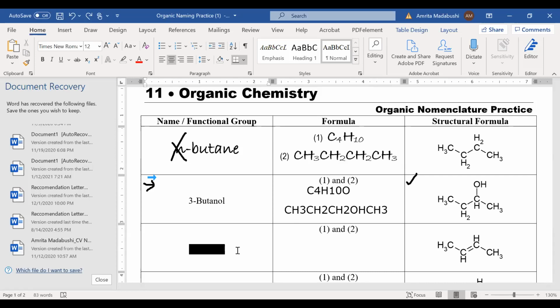Okay, good. Is it a butene? That I agree with. Yes, it's a double bond and there's a 4 in there. You can say butene, and if you were really up to it, you could say 2-butene, but you don't have to. Like I said, I'm just showing you how it is done as we go.